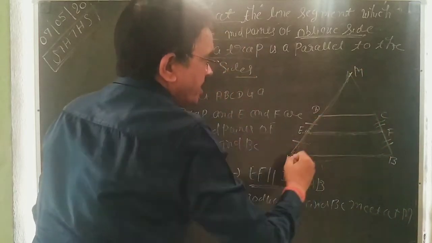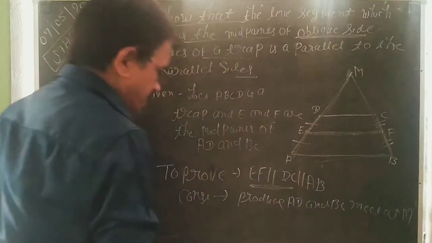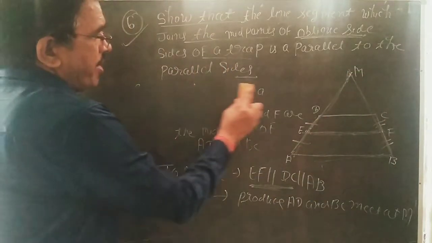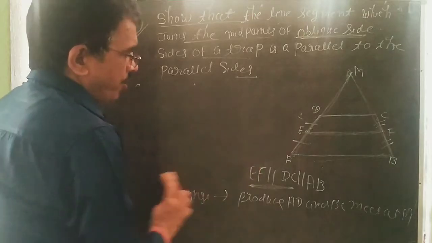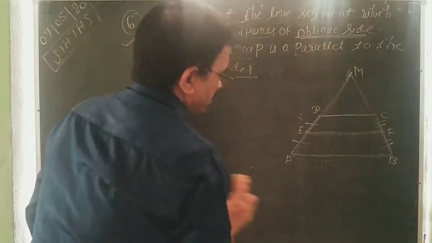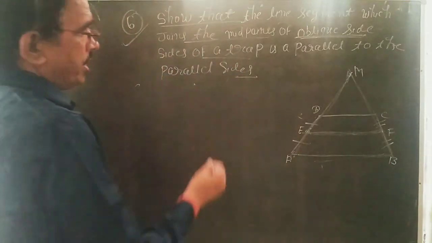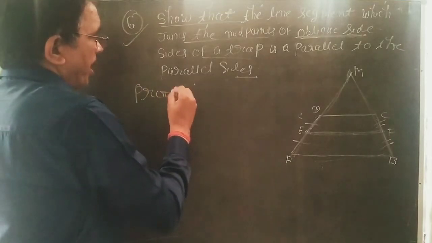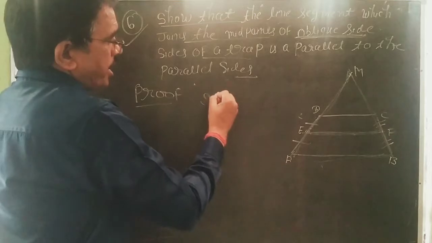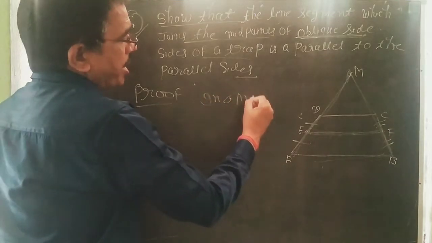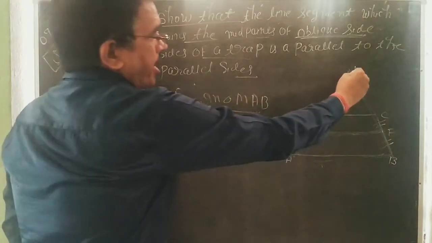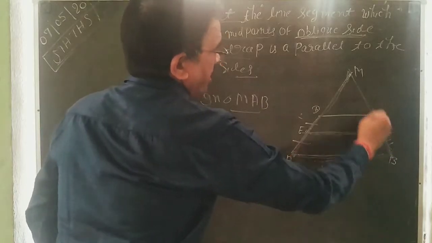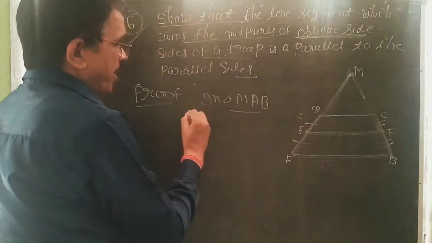So when they meet, then it is clear now it is a triangle. So if it is a triangle and two lines are parallel, what do you find out? Now in proof you write, in triangle MAB. Here MAB, it is a triangle. Which lines are parallel there?